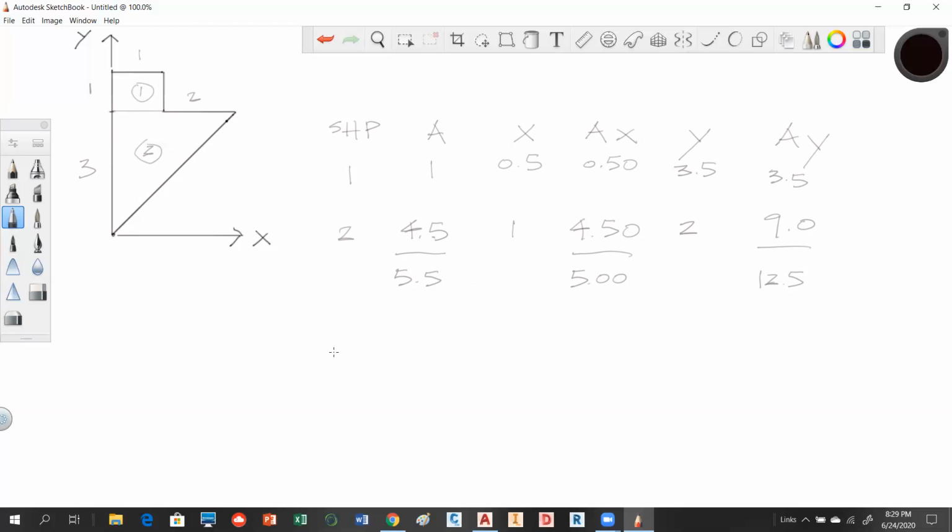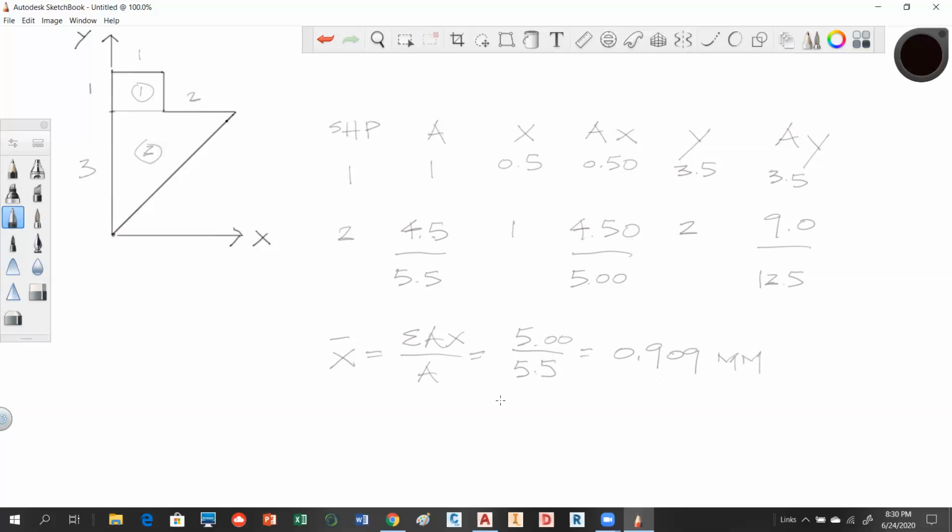So by equation, x bar for this shape is the sum of the ax divided by the sum of area. So that's 5 divided by 5.5, and we get 0.909. And that's a distance unit, so that should be in millimeters. And notice this is millimeters to the third, millimeters to the second. So to the third divided by the second does give us millimeters, and that makes sense.